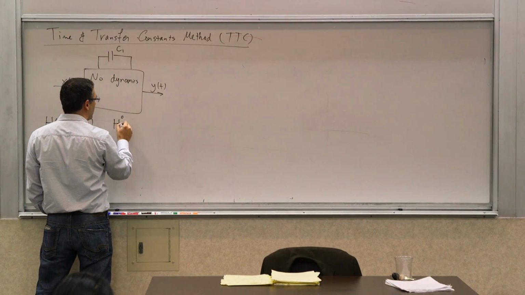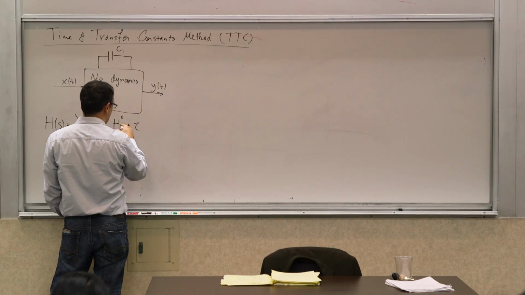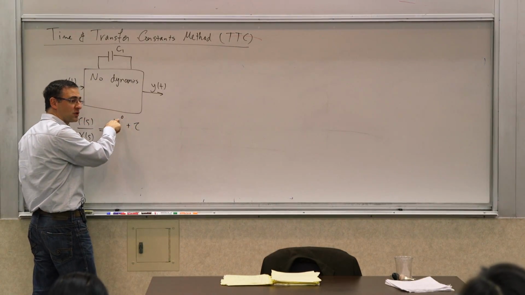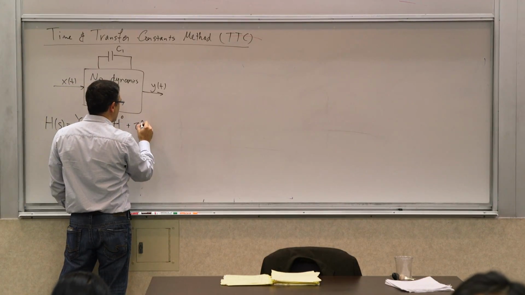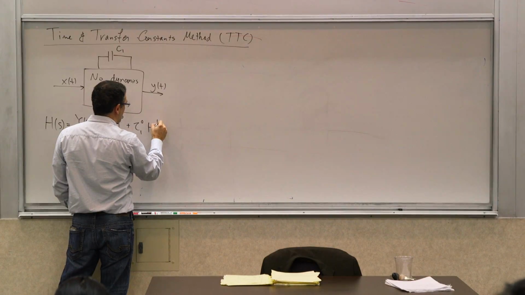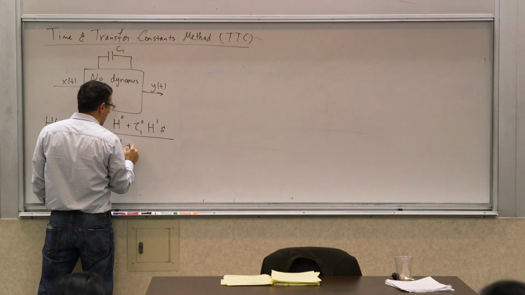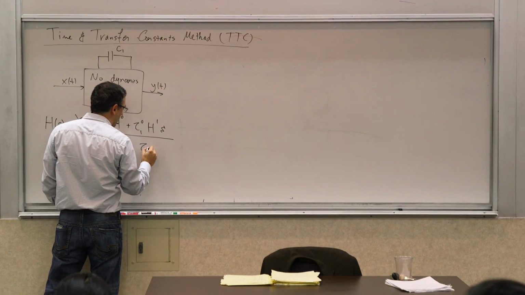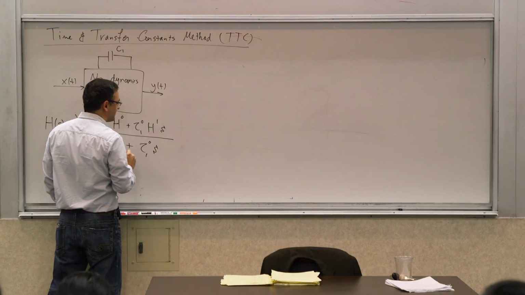I will write the full form and explain what these terms are. It's H superscript 0, over 1 plus tau 1,0 s, plus H superscript 1 times tau 1,0 s over 1 plus tau 1,0 s. These are superscripts, not powers.